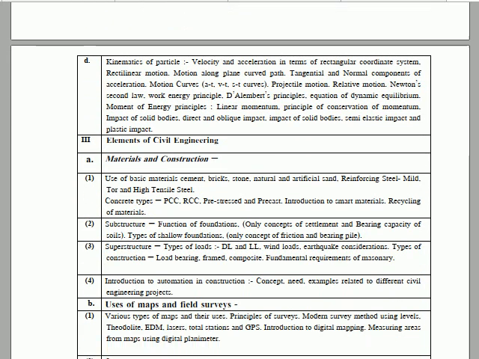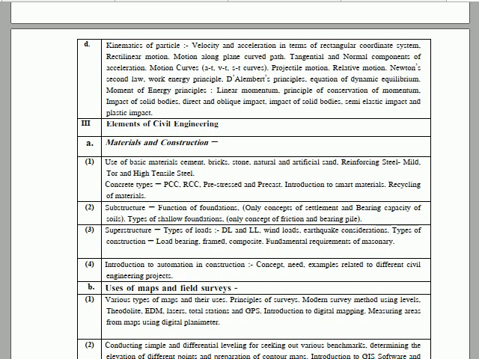The first part is material and construction, in which we have to study different materials like cement, brick, stone, natural and artificial sand, reinforcing steel, mild, tar and high tensile steel, concrete, different concrete like PCC, plain cement concrete, RCC, reinforced cement concrete, pre-stressed and precast material, introduction to smart material, recycling of different materials, and the latest new technologies developed.